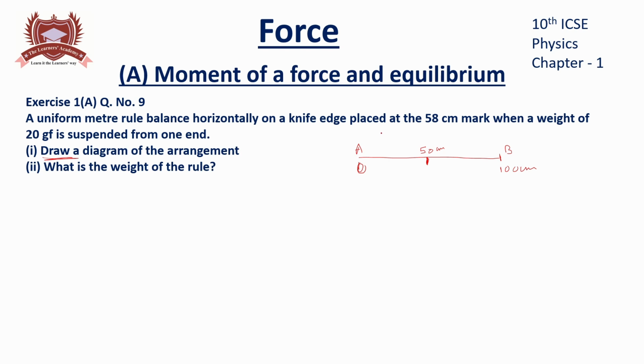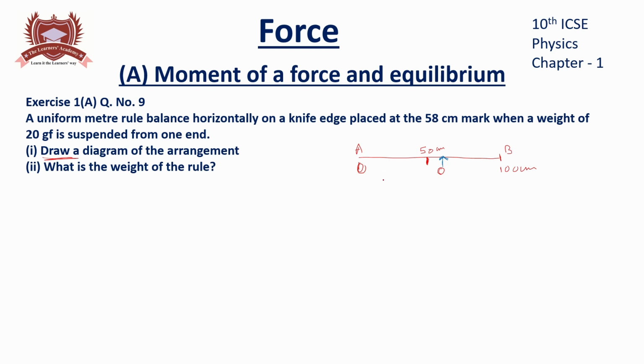Now, what have we done? We have made it balance at the point 58 centimeters. So, we have shifted the fulcrum towards 58 centimeters. This is our actual fulcrum. Now, what can we see from the figure? This length OA is going to be larger than OB.